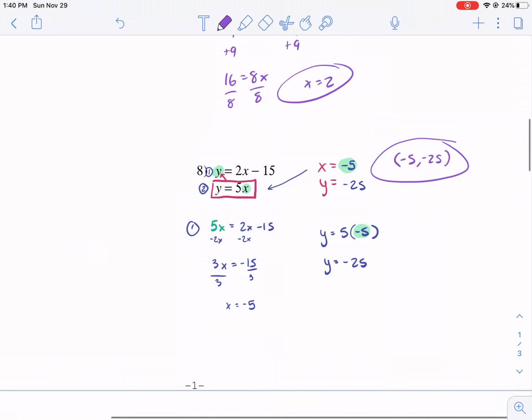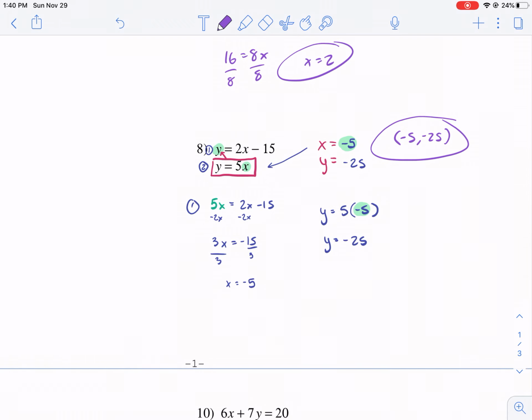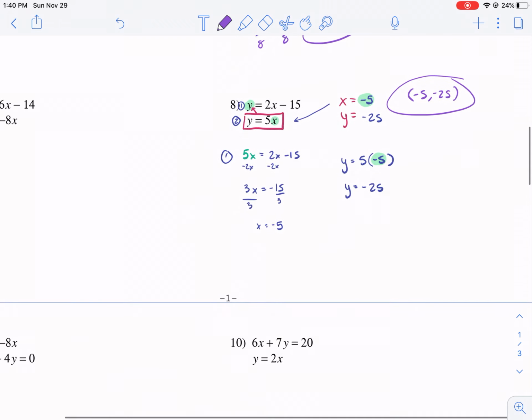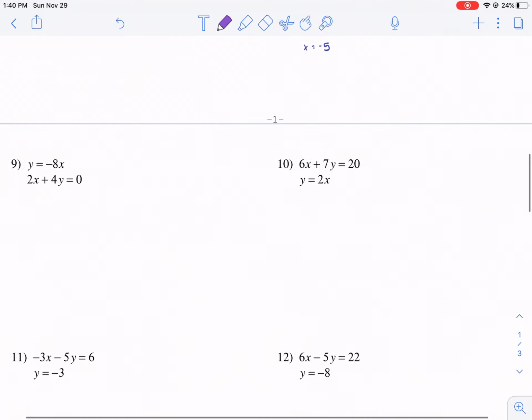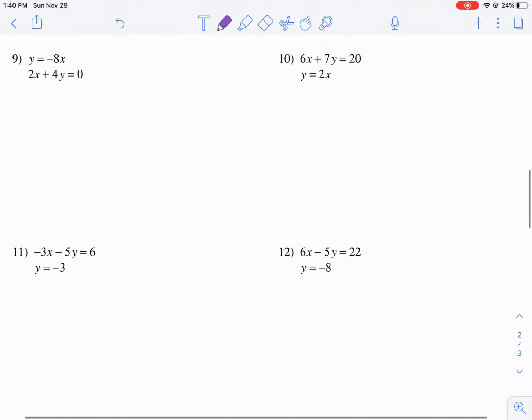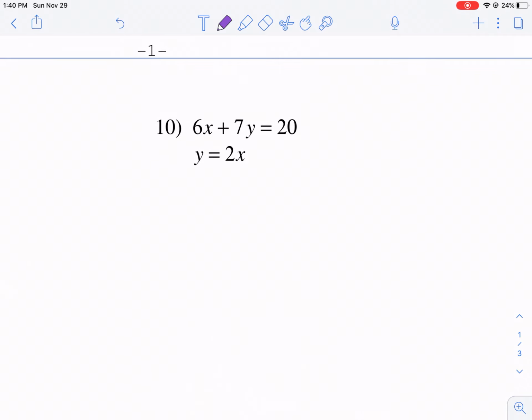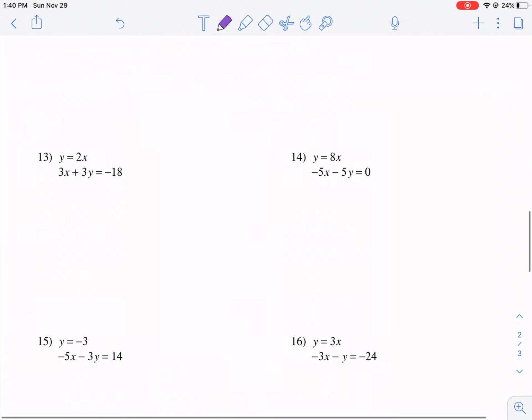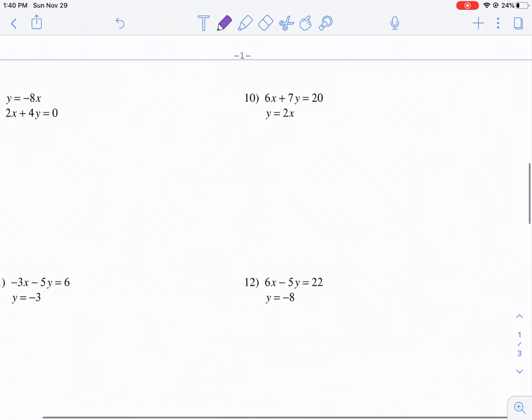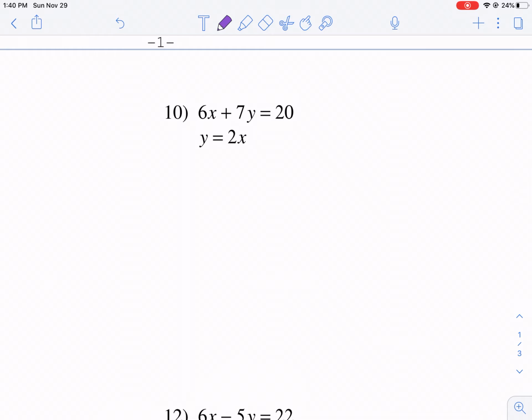Okay, so a little bit more involved if you don't have x or y equals a number at the start. Let's do another one. Okay, we'll do number 10 now. Let me see if there's any more difficult ones. Yeah, let's just do number 10, and maybe we'll end on another one. So we have 10, 6x plus 7y equals 20, y equals 2x.